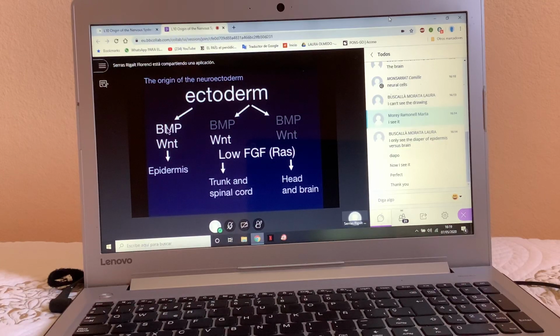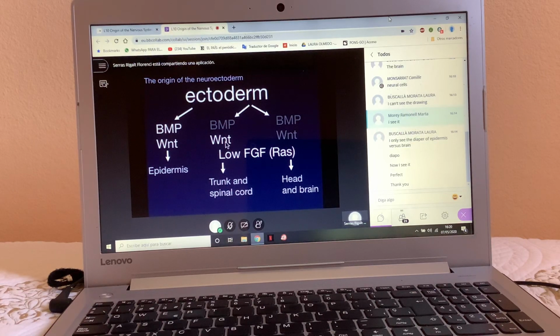If there is BMP, it is going to be epidermis. If there is no BMP, the chances are that it's going to be brain. Now, that BMP to be epidermis will need some Wnt, okay? In the absence of BMP, in the absence of signal, the default model is going to be nervous system.